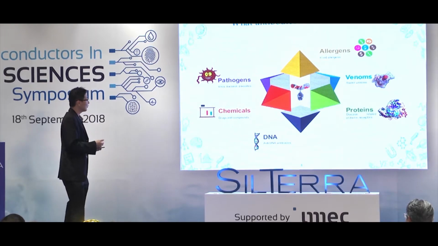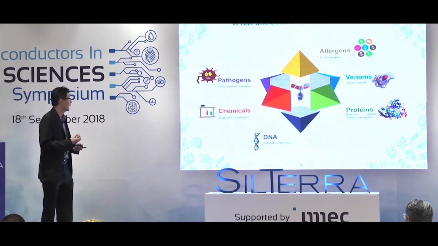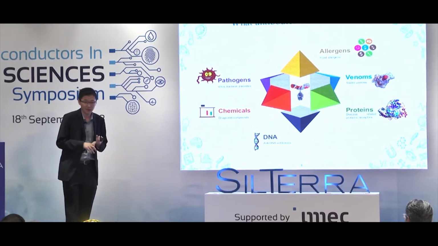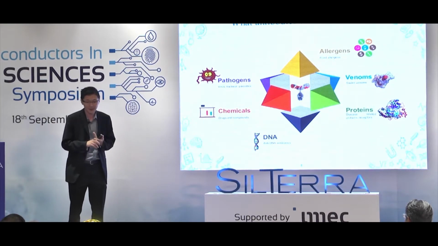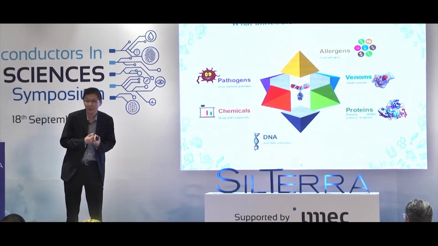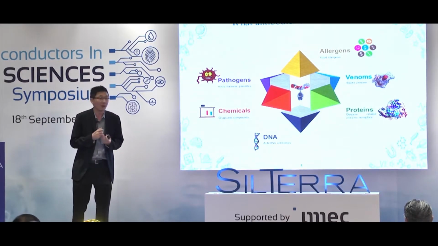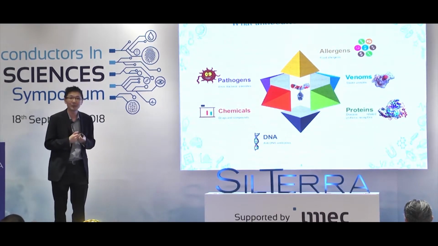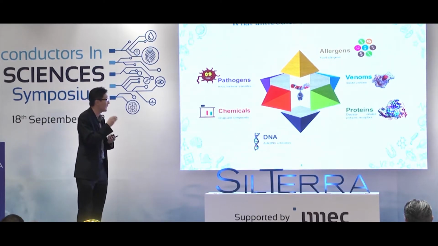When you look at the applications of antibodies, they can be used to target different things such as pathogens, chemicals, allergens, venoms, proteins, DNA, and of course, my personal favorite, biological weapons. Of course, I can't put it up here. These are potential applications for antibodies because they are able to specifically capture and identify these markers.